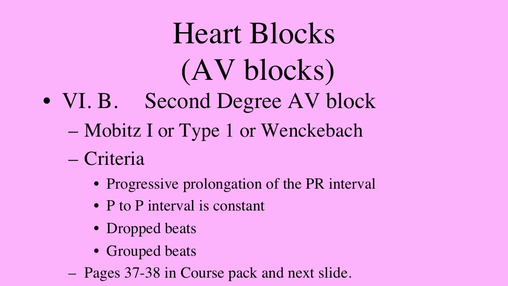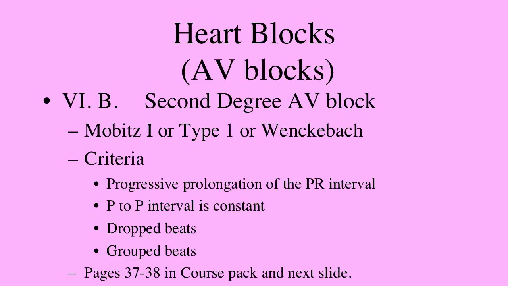So that's a dropped beat. So you have that idea of PR interval longer, longer, longer, drop. And that's that progressive prolongation of the PR interval. You'll have a lot of examples of this later in the course, and that prolongation is what you're looking for on that.